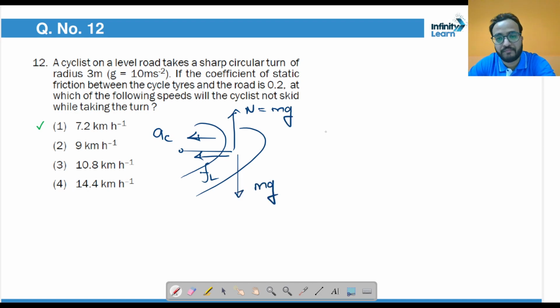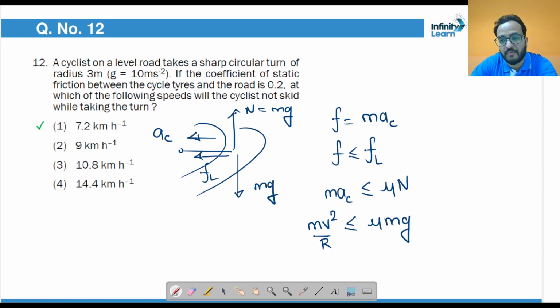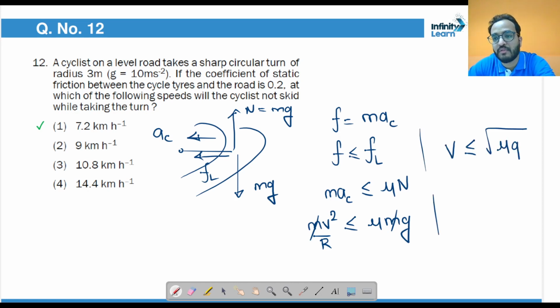So we will say that the friction is equal to m AC, and this friction must be less than or equal to the limiting value. That means MAC must be less than or equal to mu n. That means mv square by r must be less than or equal to mu mg, which means that velocity must be less than or equal to root mu g r.